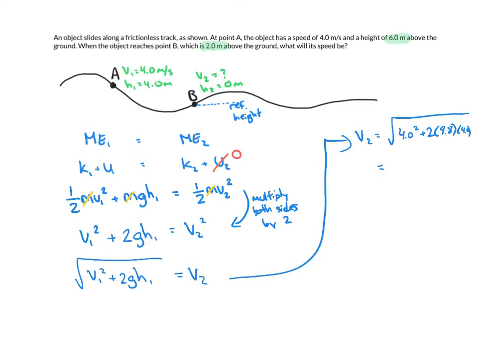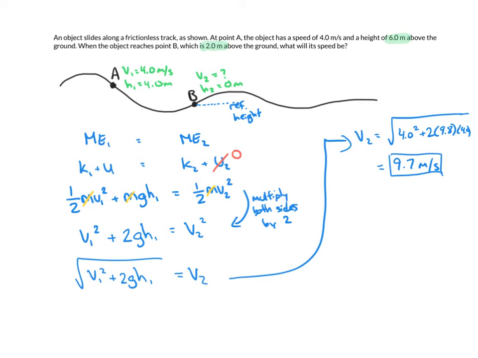And I'll get that in the calculator. So I'm getting 9.7. So that will be the speed of this object when it reaches point B.